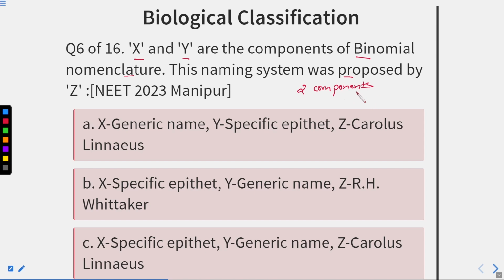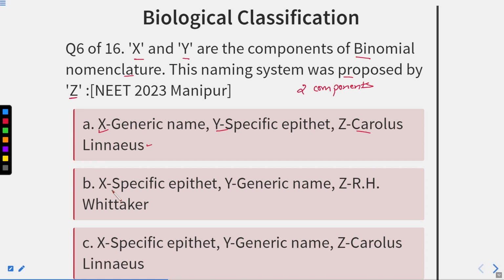So if we talk about Mangifera indica, Mangifera is the generic name or generic epithet, and indica is the specific epithet. So here they are saying X is the generic name, Y is the specific epithet, and Z is who proposed this binomial nomenclature. So it was proposed by Carolus Linnaeus.